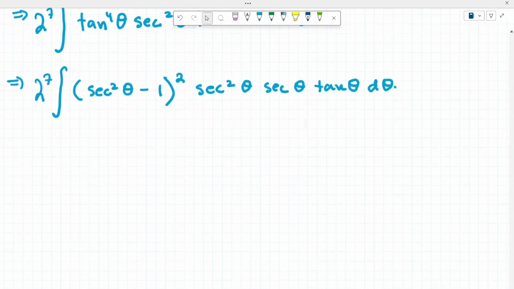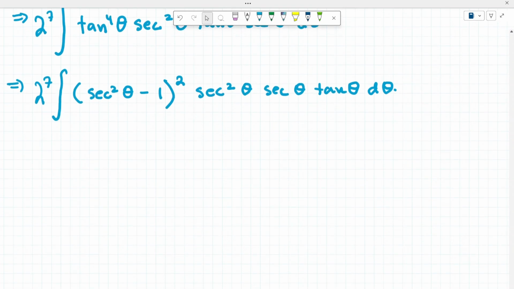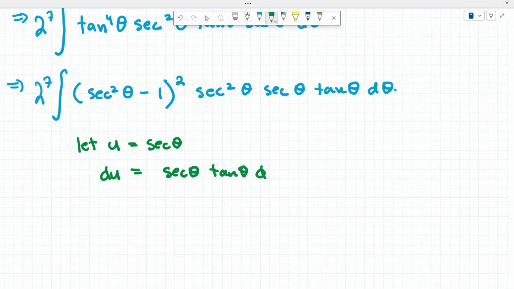Okay, so now we're going to apply a u-substitution. Let u equal secant theta, and as a result, du equals secant theta tan theta d theta, because the derivative of secant theta is secant theta tan theta.